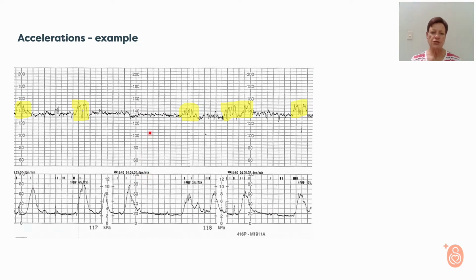And we've said usually the distance between two darker lines is a centimeter. So this distance here would be more or less a centimeter, and this distance here is a little bit longer than a centimeter. So both these accelerations last about a minute long. These ones look like almost 30 seconds and 30 seconds.